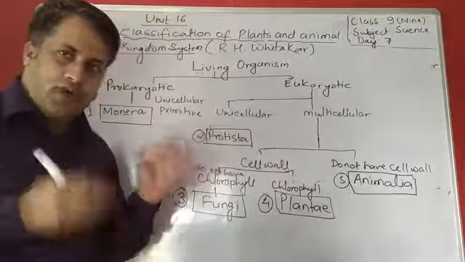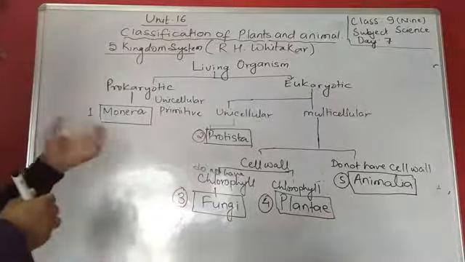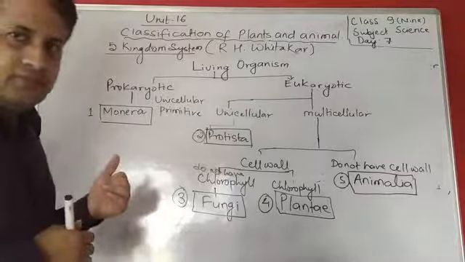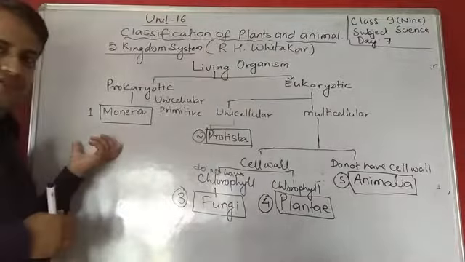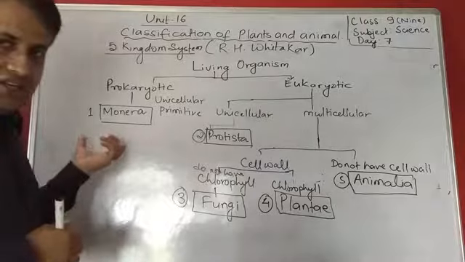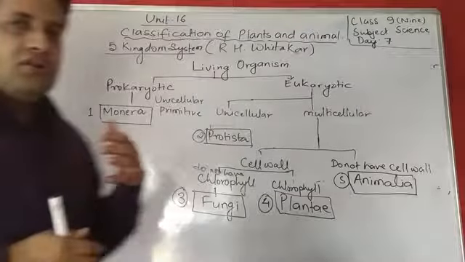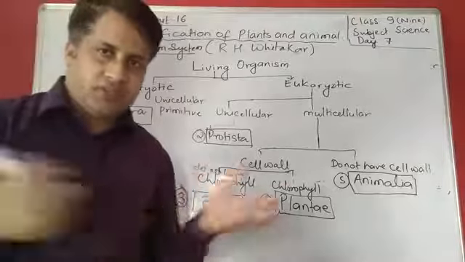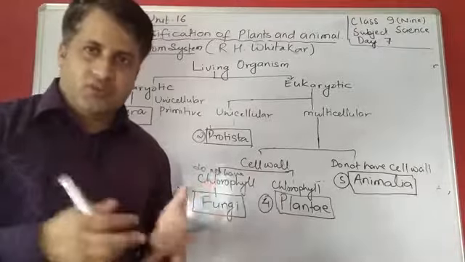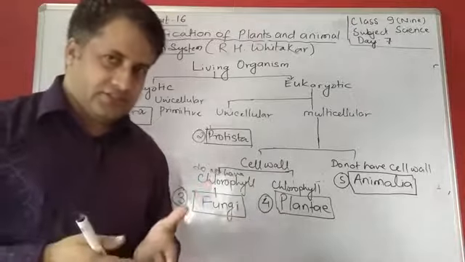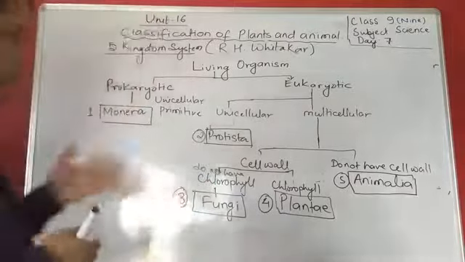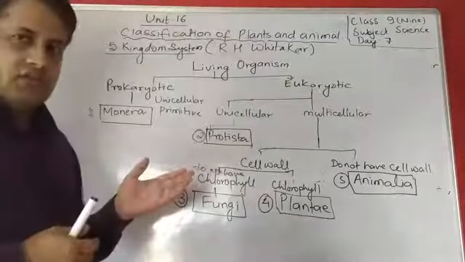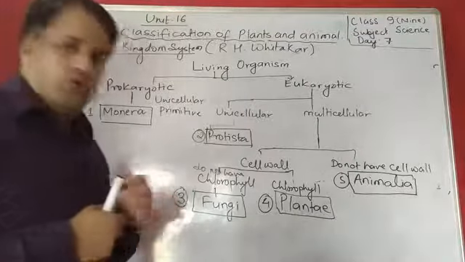I hope you have understood. So let's start the study of prokaryotic organisms and the kingdom Monera, the first kingdom Monera, and their characteristics. All the first primitive organisms like blue-green algae were the first living organisms which came into existence. Like that, bacteria, Azotobacter, Vibrio cholera.